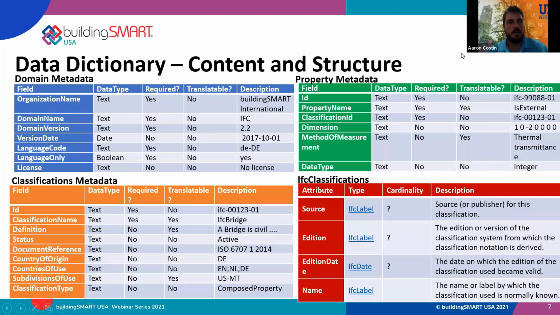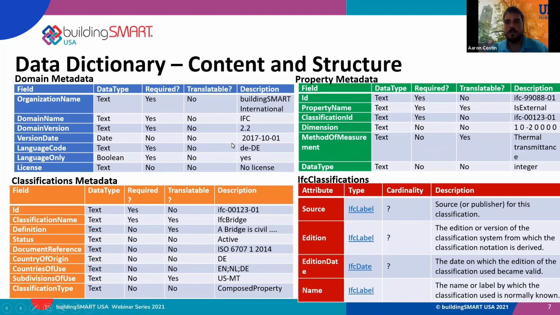So here's the metadata that is stored within a data dictionary. This example is from the Building Smart Data Dictionary that we'll be talking about. There's data about the domain: who's using the domain, who's part of it, what language is it, and what are the different classifications of that metadata. So the data that you're going to host, what is stored, and what does that mean?